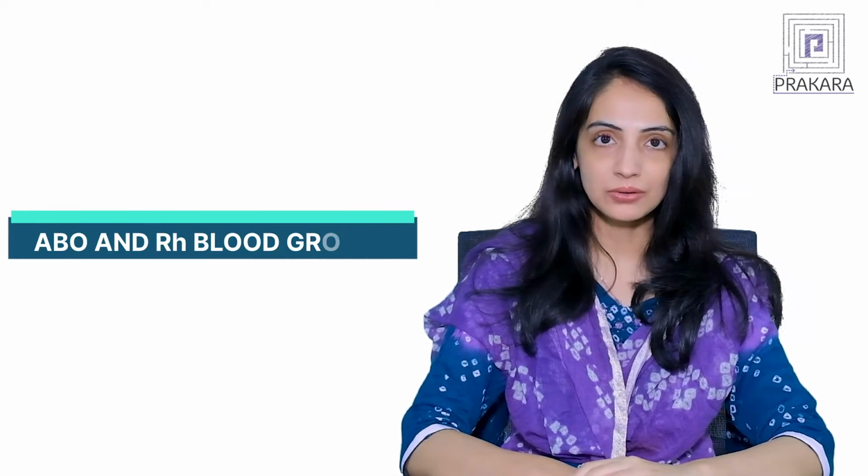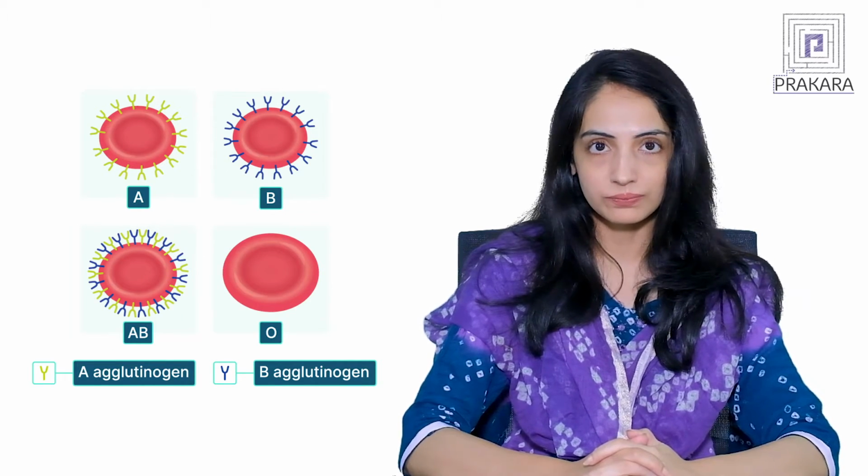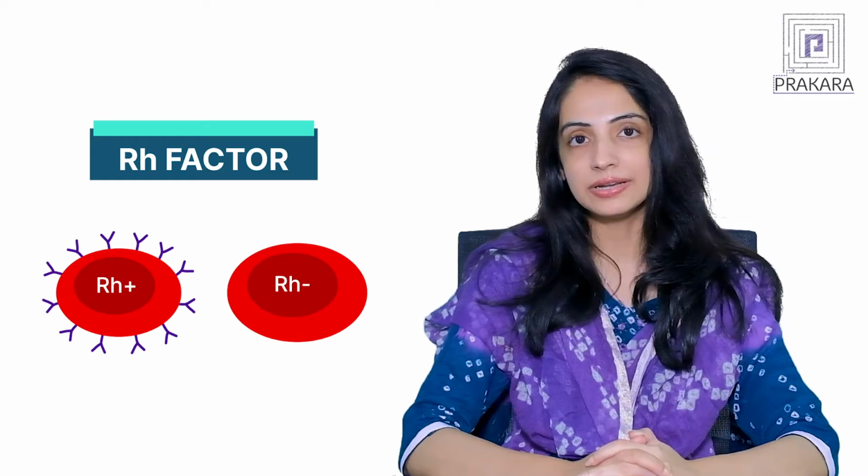Now there are two major blood group systems: the ABO and Rh blood group systems. Others include the Kell, Lewis, Duffy, etc. Types of blood groups. According to the ABO system, there are 4 blood groups depending on the presence of the antigens: A, B, AB and O. On the other hand, depending on whether the Rh factor is present or absent, the blood group can be either positive or negative.